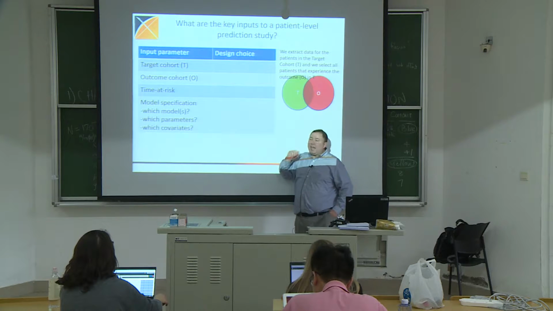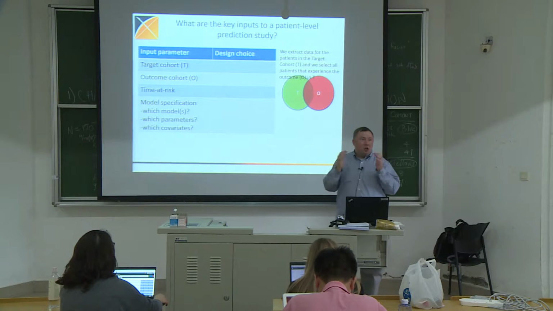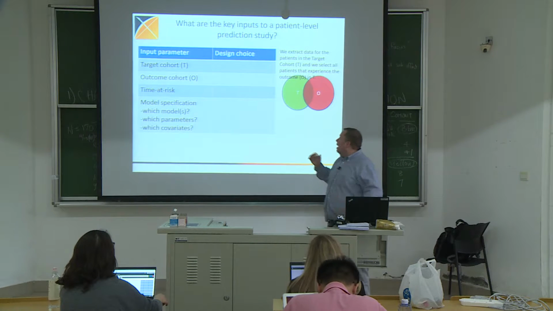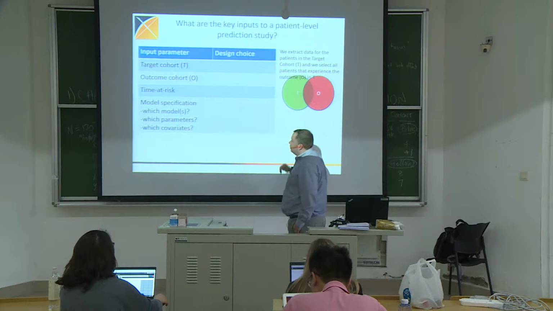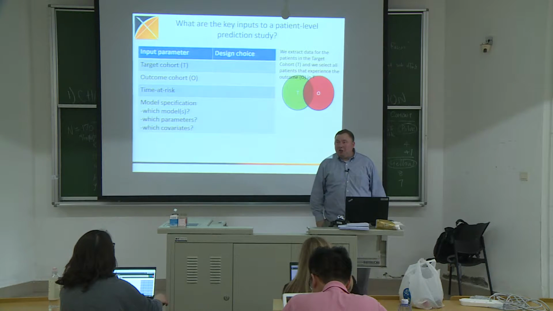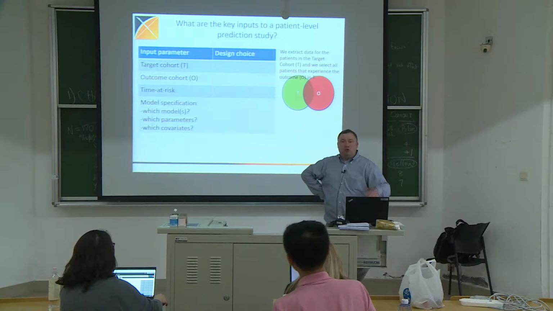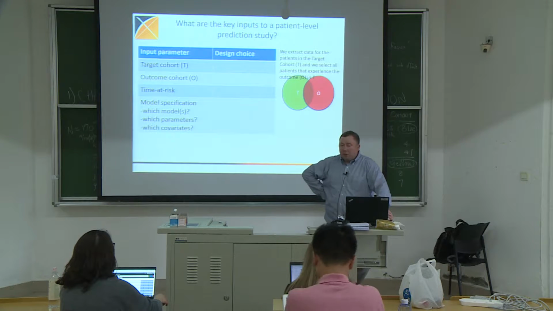You need to define a time at risk, which is the window of time that you're going to look for the outcome to happen after being in the target cohort. And then you need to specify a model, which means decide what type of statistics you're going to run in order to train this prediction.